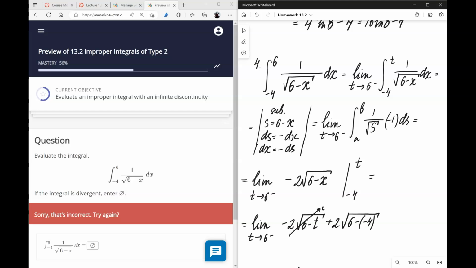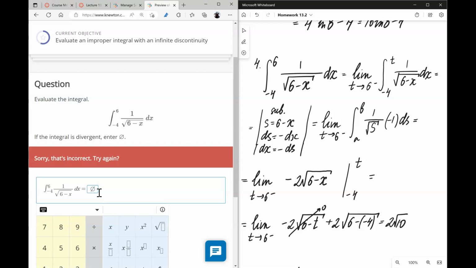So this goes to 0, and this goes to 2 square root of 10. So let's try this again. This time I'll be a little bit more careful. I'm not going to rush.